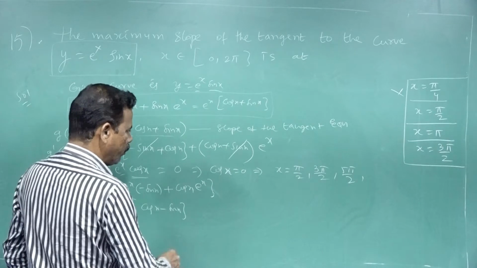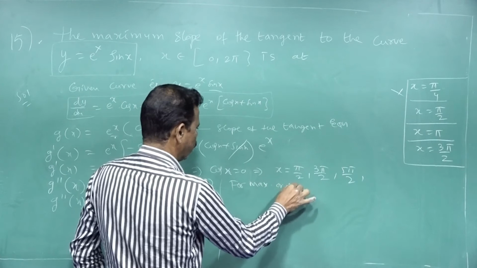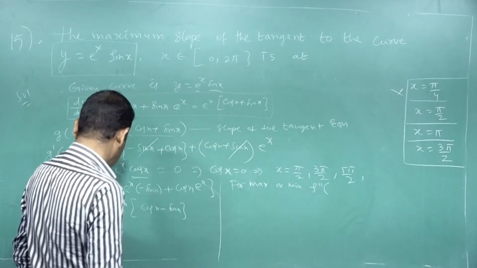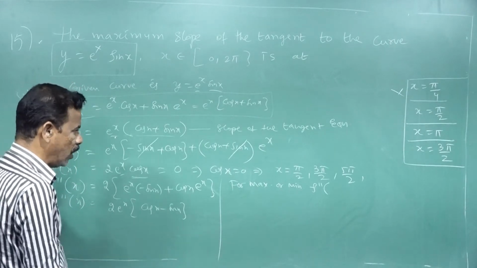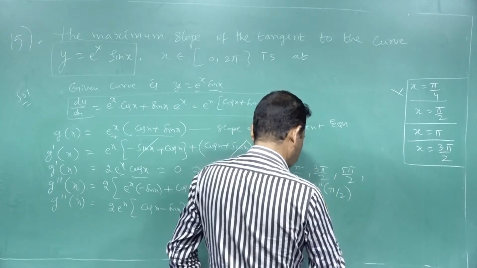So for maxima or minima, f double dash of that first value 5 pi by 2, check whether it is positive or negative.